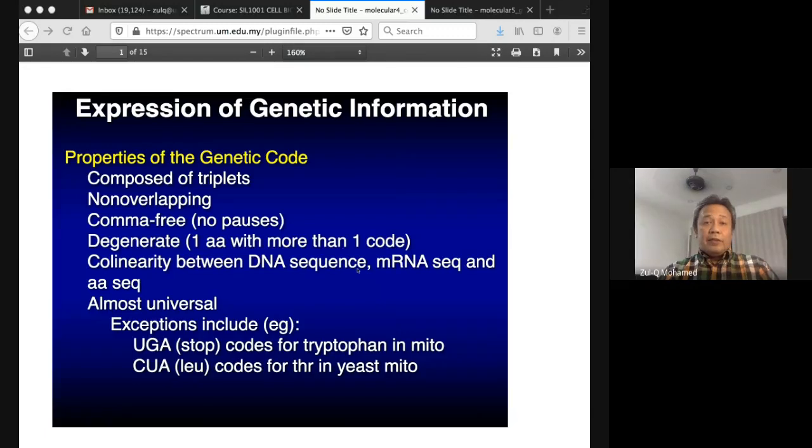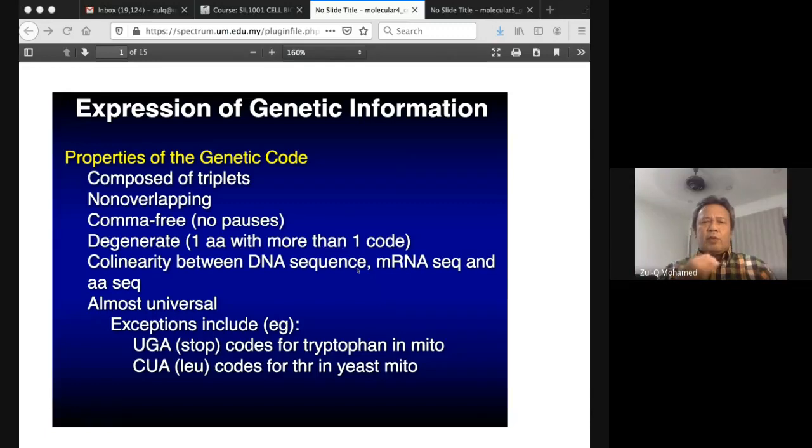It's almost universal. That means the codes used in organisms as small as viruses and bacteria are the same coding system that is used in elephants and whales, the biggest mammals and the biggest animals, and birds, and all organisms use the same code, but the key word here is almost.